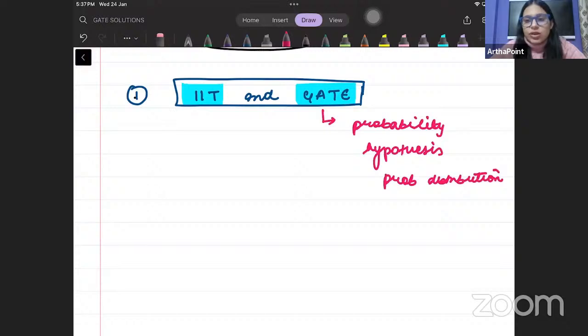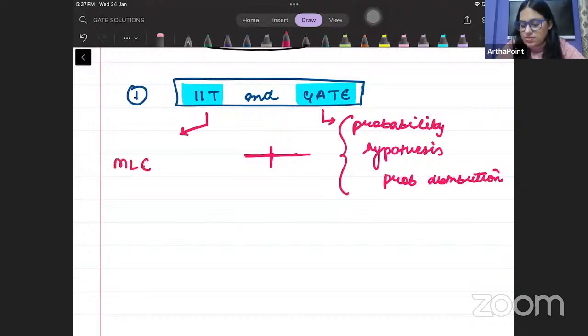Whereas if you look into the pattern of IIT, there have also been questions on maximum likelihood estimator, and questions on type 1, type 2 error in detail, asking you to calculate what their values will be.